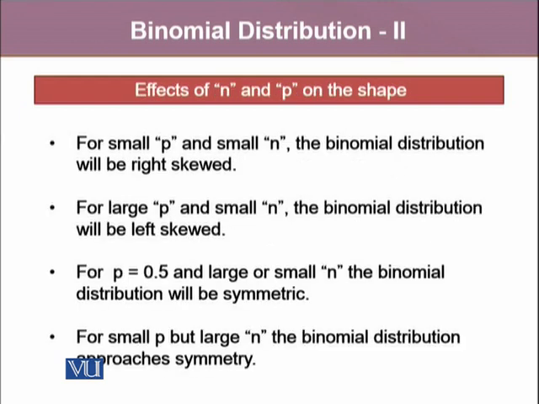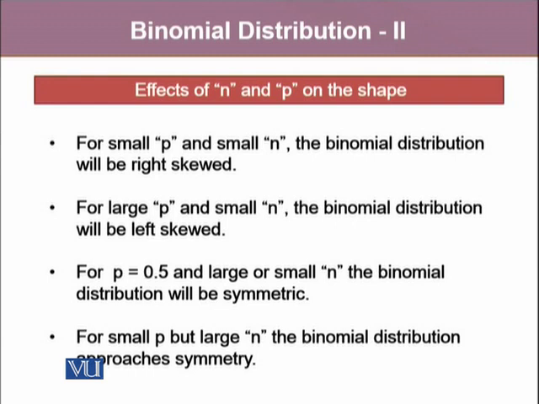So there is some specific effect of n and p on the shape of the distribution. For small p and small n, the binomial distribution will be right skewed. For large p and small n, the binomial distribution will be left skewed.